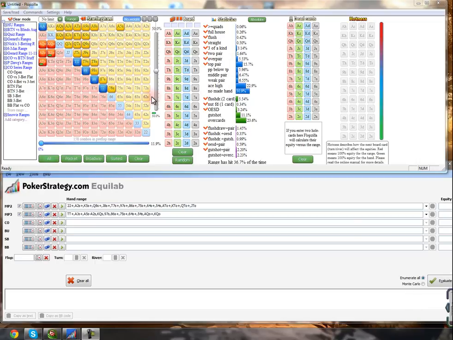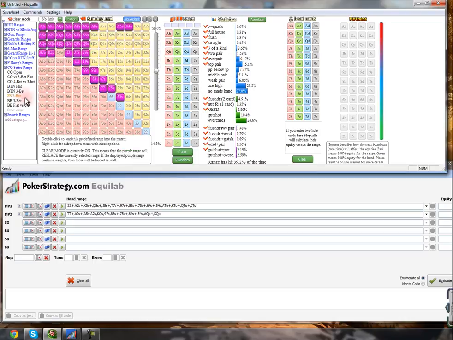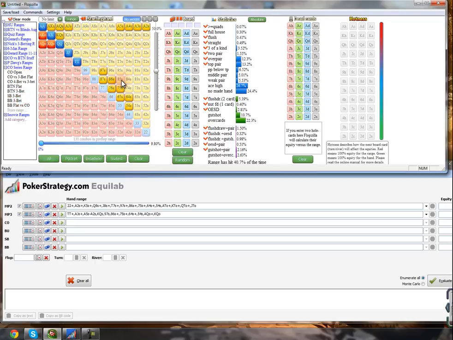A good example might be, I could be a little wrong about this, but I would imagine the small blind 3-betting range is going to have an easier time betting the flop and check-calling the turn, whereas the big blind 3-betting range might have a little bit more trouble with that, because the small blind 3-betting range maybe has some King X and Queen X hands that might check-call on the turn on a King X or Queen X board after betting the flop, whereas the big blind 3-betting range doesn't have those kind of hands. If it makes a pair of queens on the flop, it's King Queen or better. So we'll just be aware of that, even though our flop defending range probably isn't going to be that different, I don't think. All right, so let's go.